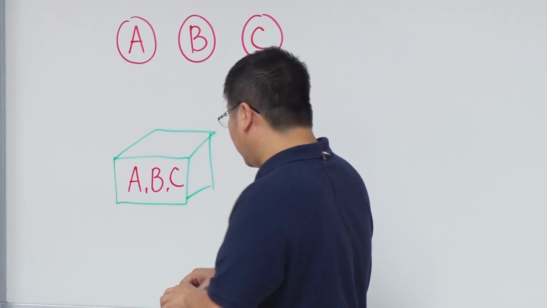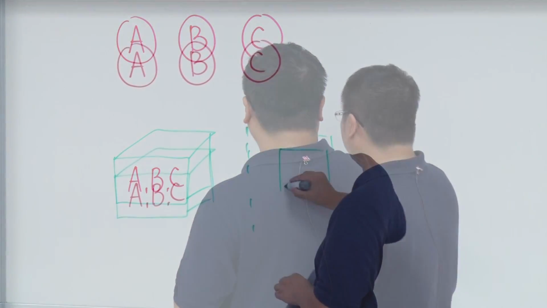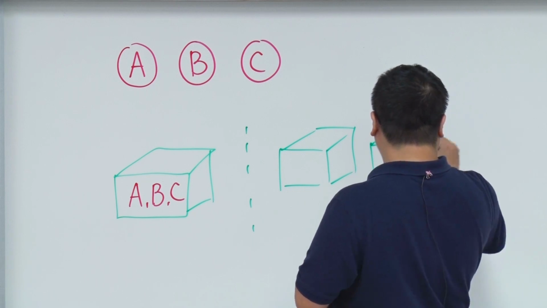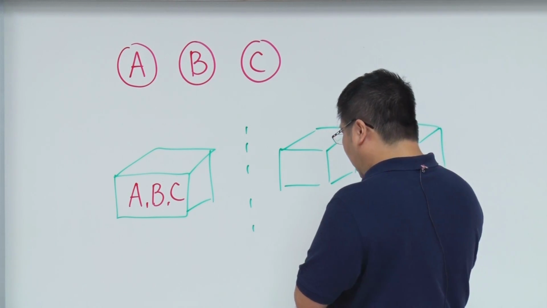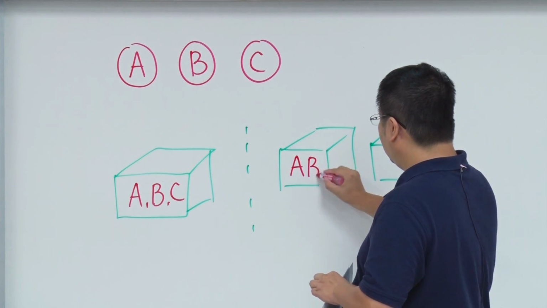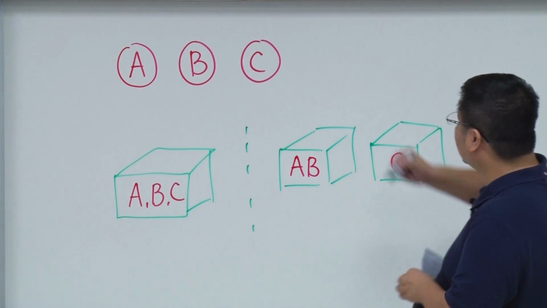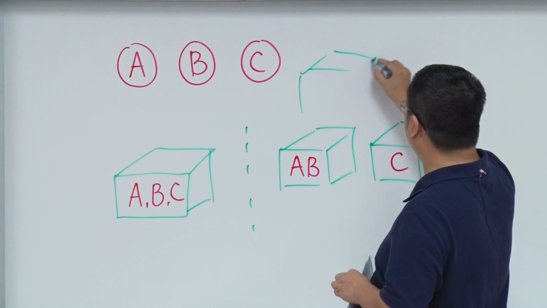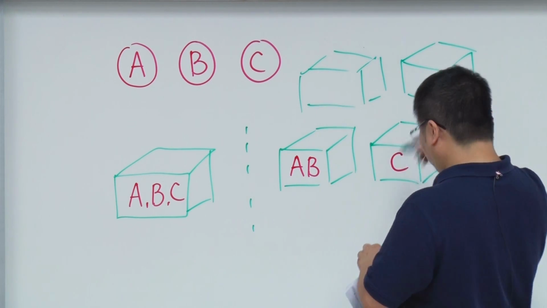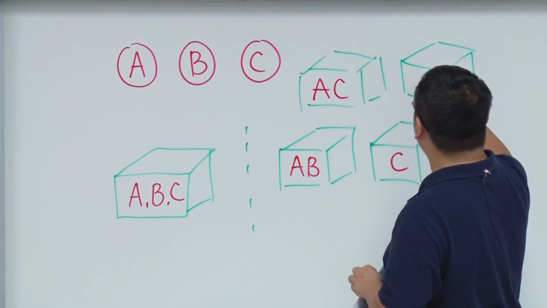Is that okay? And then we have another way, where we are going to use 2 boxes, so that we put A, B here and C here. We have also another way of using 2 boxes: this time we put A, C together, and then we put B here.